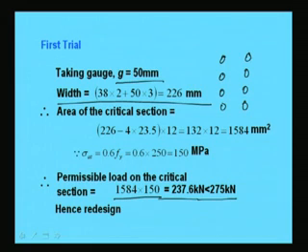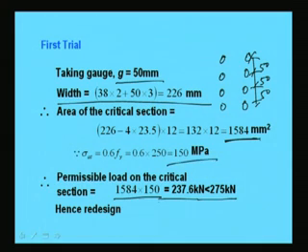So, in between the distance is 50, and 38 into 2 is the edge. In this way we can calculate the area of the critical section in which the rivet may fail, which comes to 1584 millimeter square.